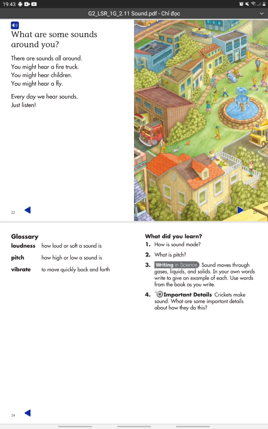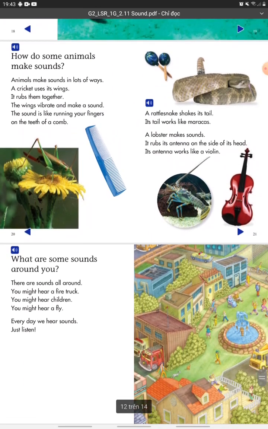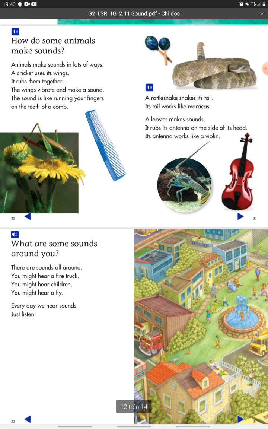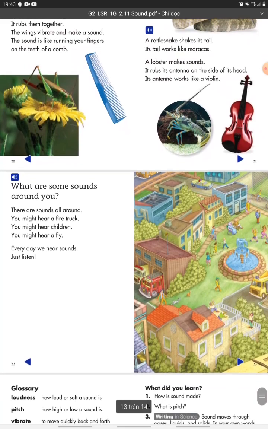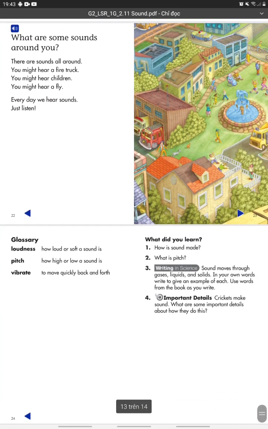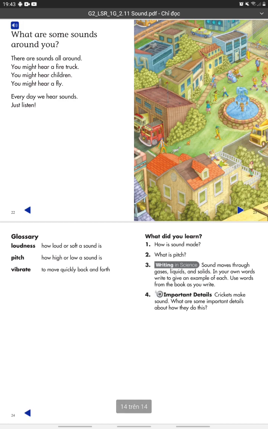Number 4, important details. Crickets make sounds. What are some important details about how they do this? So you know that crickets make sounds, but where? The cricket uses wings, but how do they hear the sounds? Well, even though it has no ears, it can hear the sounds with its belly.